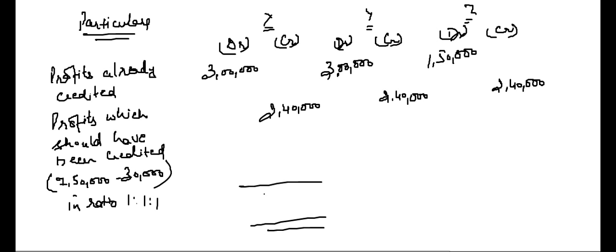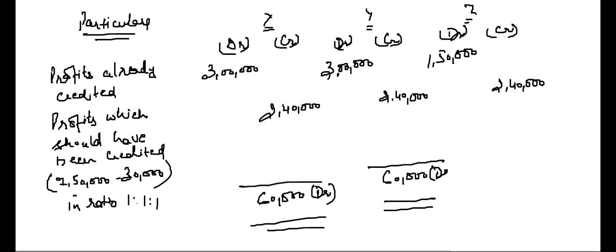Net effect is 60,000 debit, here also 60,000 debit, right, and here 90,000 credit.